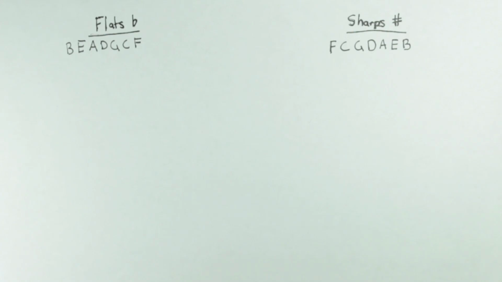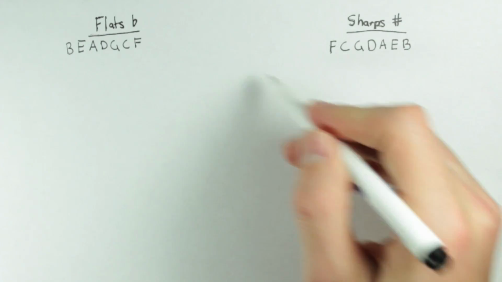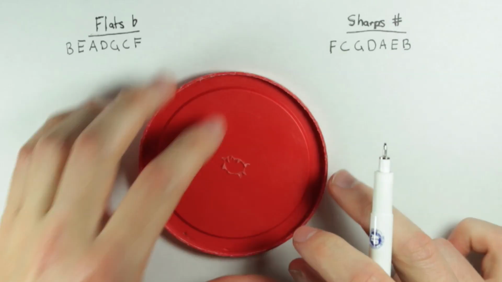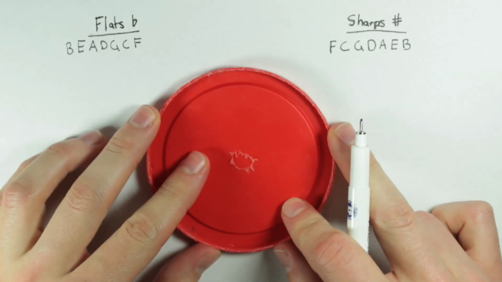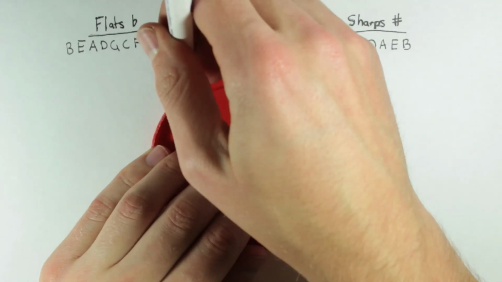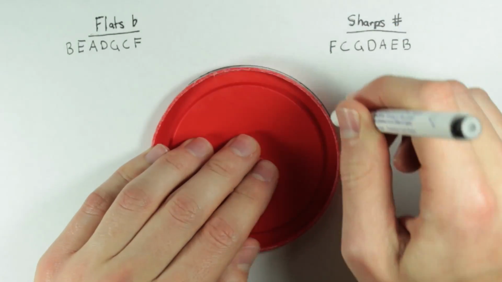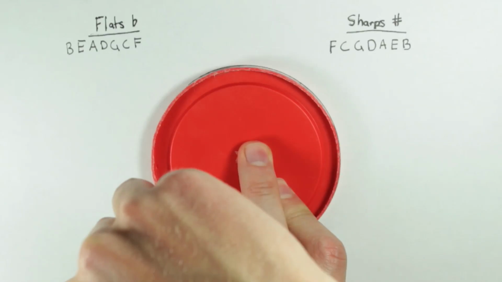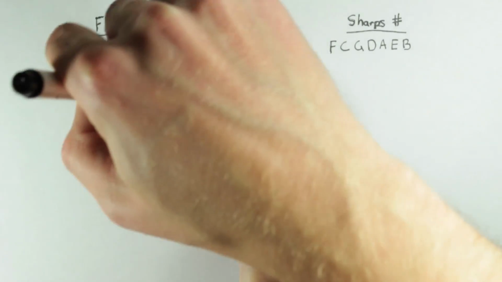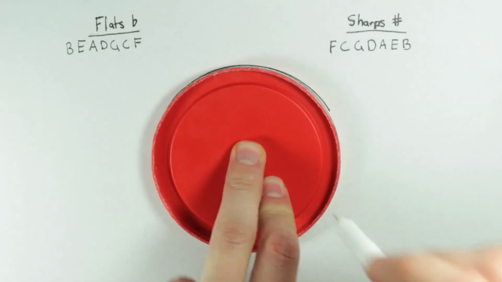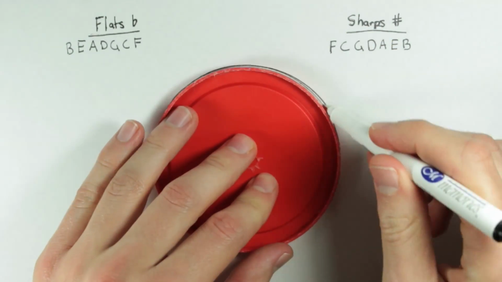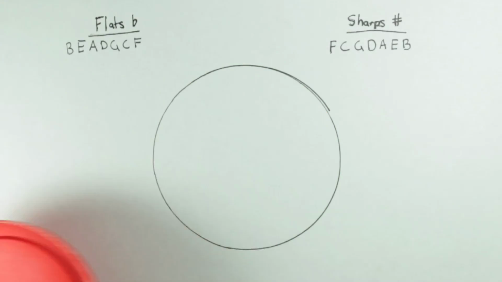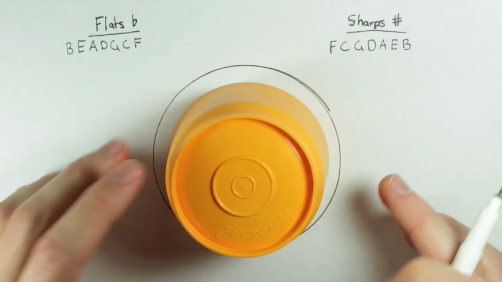Alright, so the next step is to construct the circle. Now if you want to draw it freehand, you can just draw the circle freehand, but I'm going to use an outline. And then with a smaller circle, we'll do another one in the middle.